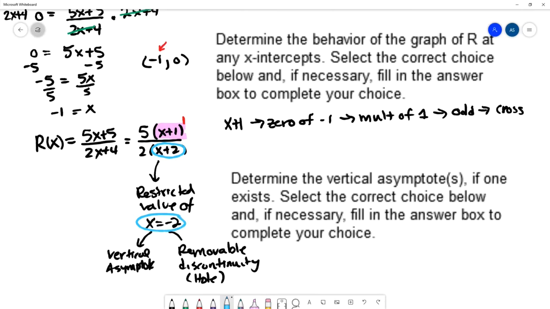You're going to look to see if that has a common factor in the numerator, if you have another factor of x plus 2. If you have another factor of x plus 2 in the numerator, you have a removable discontinuity. But if you don't, you have a vertical asymptote. So since our function doesn't have that common factor in the numerator, we know that there is a vertical asymptote at x equals -2.